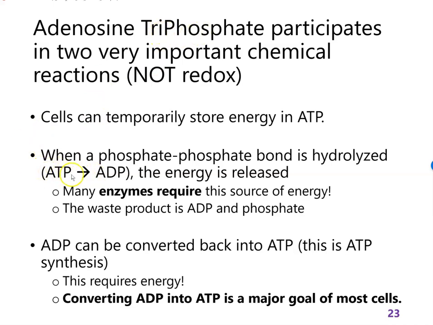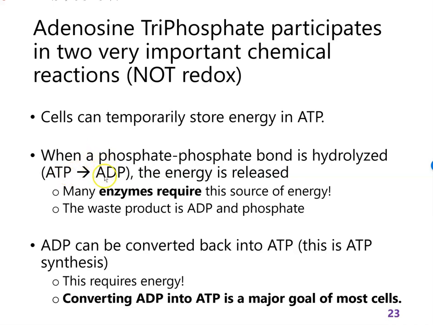So it'll release one of them, and that releases enough energy that the enzyme can take that energy and do something with it. So if an enzyme breaks the phosphate-phosphate bond and converts ATP to ADP, that enzyme gets energy, and that's often used in chemical reactions in a cell to do reactions that require energy. So that's the most common source of energy for enzymes in cells.